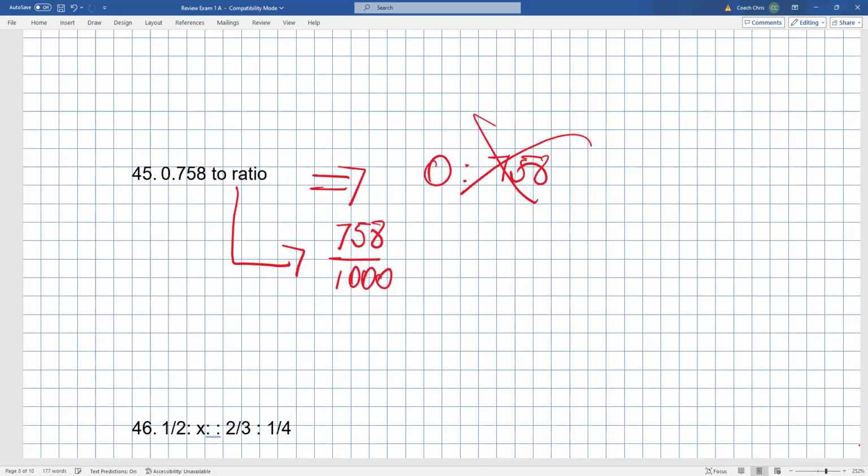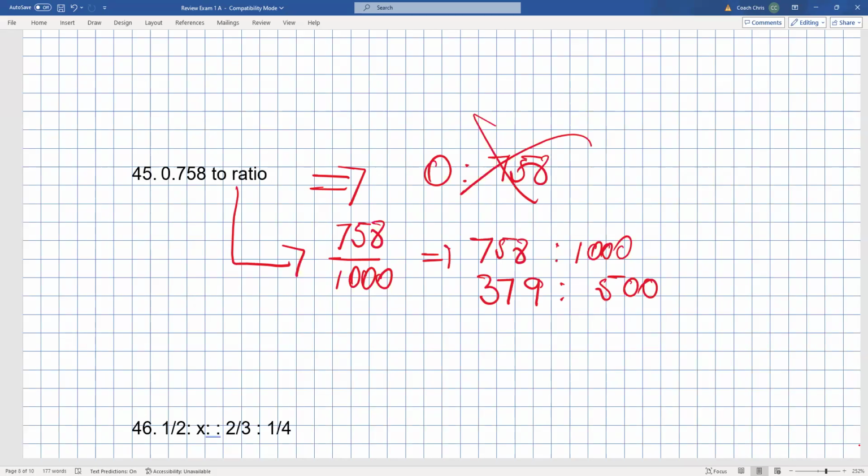If you do not want to simplify that, it's going to be 0.758 over 1,000. But if you simplify that one, you will have now 379, you simplify both by 2, and the other one by 2 is going to be 500. This is how you convert a decimal number to a ratio.